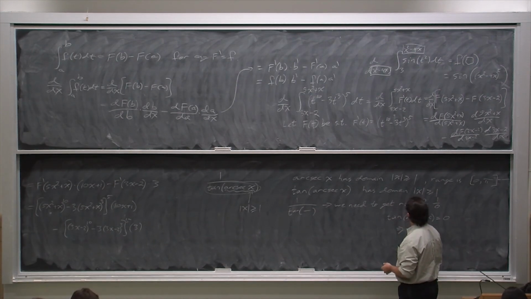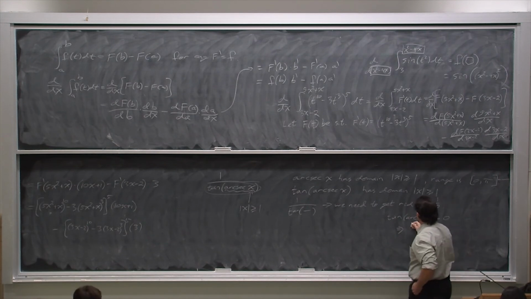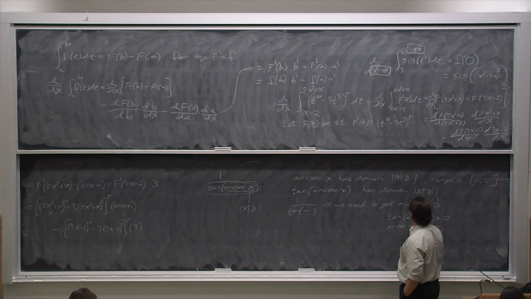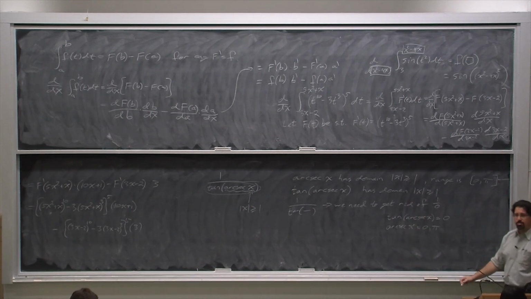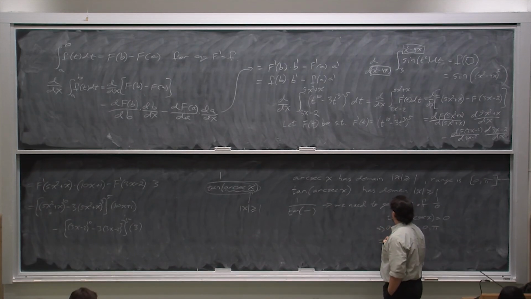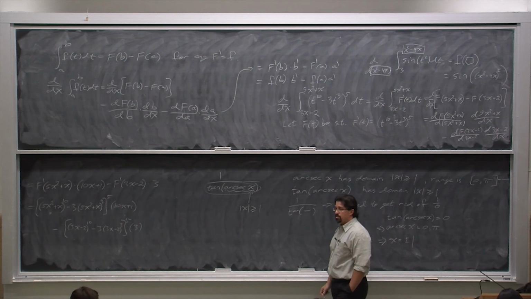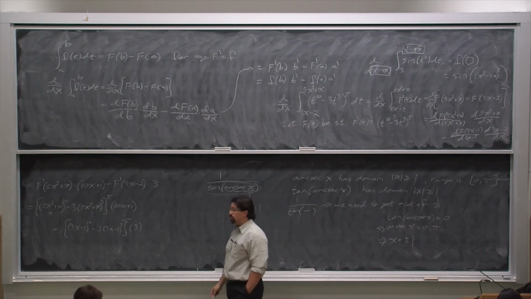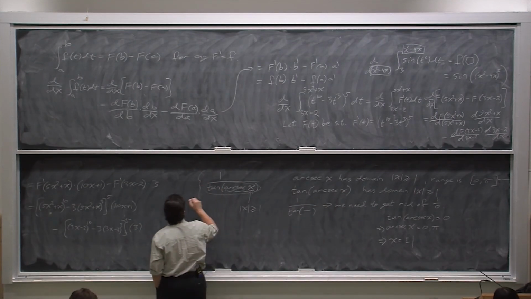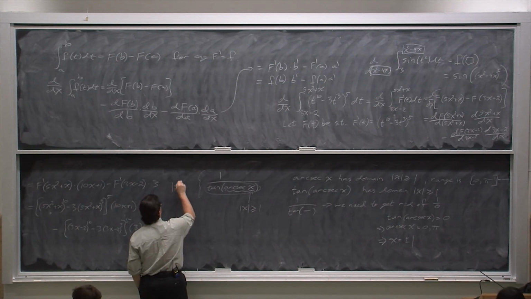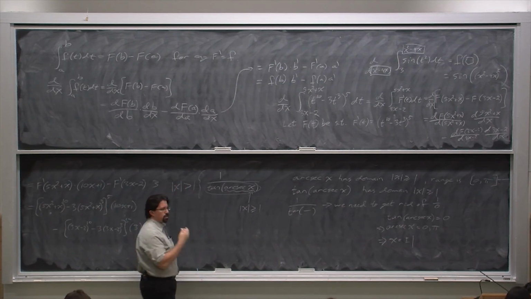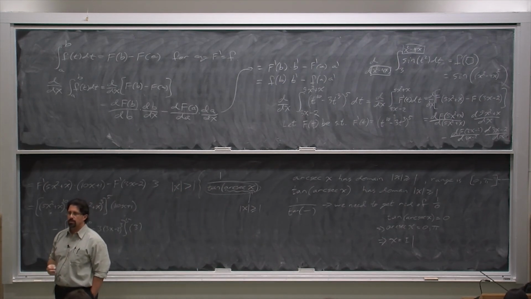That implies that, not x, but arc secant of x is equal to either 0 or pi, which implies that x is equal to plus or minus 1. So those points need to be thrown out. And the domain of the entire thing is going to be absolute x is strictly greater than 1.